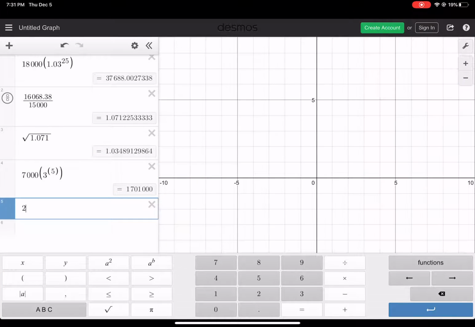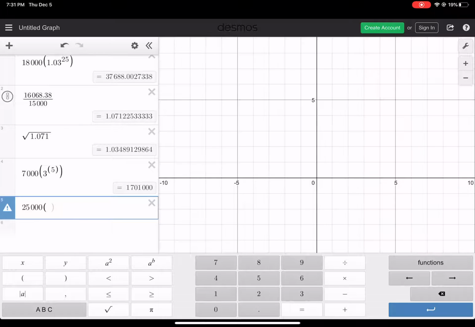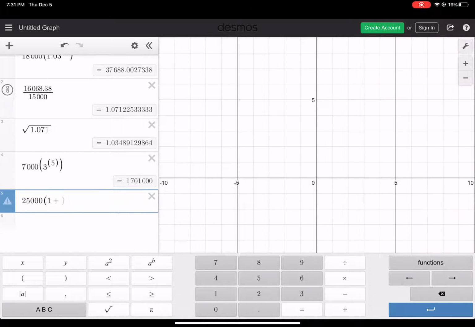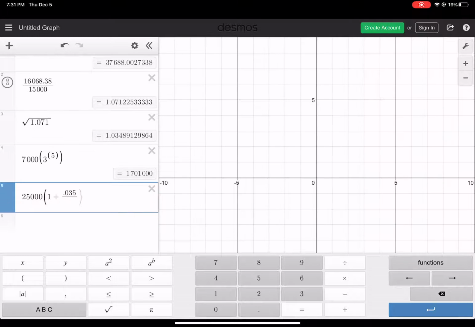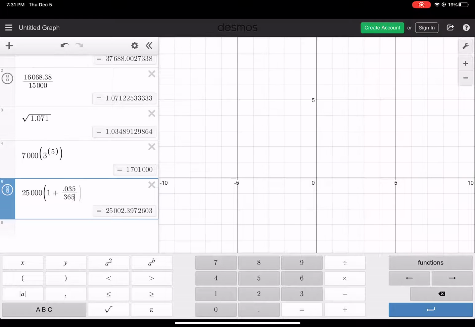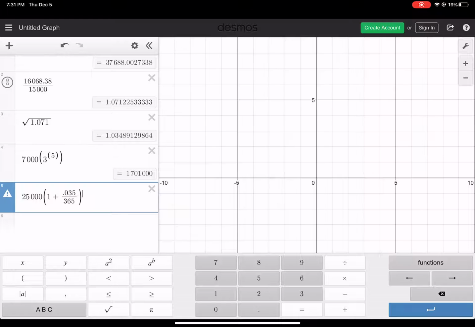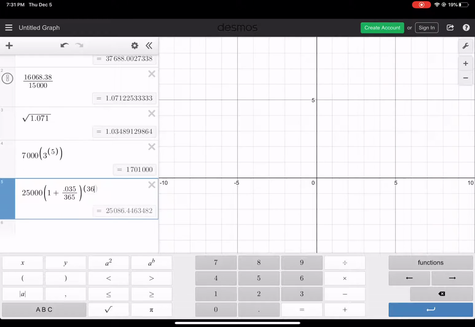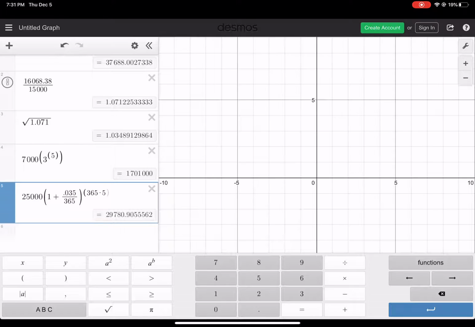We have $25,000. 1 plus 3.5% divided by daily, right? And that's raised to the power of parenthesis 365 times 5.